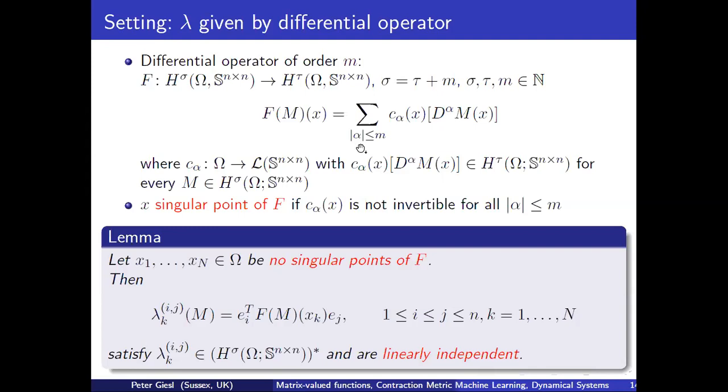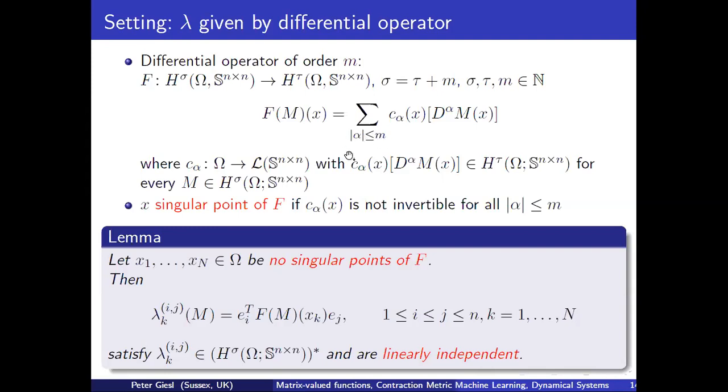So this is again a matrix, alpha goes up to order m, and the C alpha is in the space of linear operators, mapping this matrix to another matrix, and it's such that if we start with M with smoothness sigma, then we map it to tau. We will see an example of such an operator later, which is our application, but the theory obviously holds for general orders.